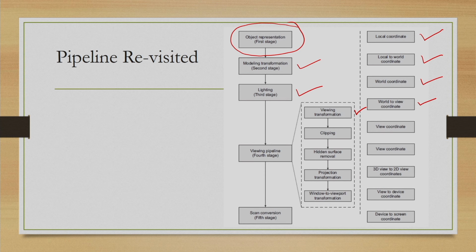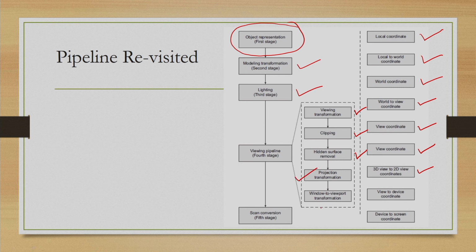After doing that, we perform an operation called clipping, which we do in the view coordinate space. This is followed by another operation called hidden surface removal, which again takes place in the view coordinate space. After that, we perform a transformation from 3D view coordinate system to 2D view coordinate system. This transformation is called projection transformation.